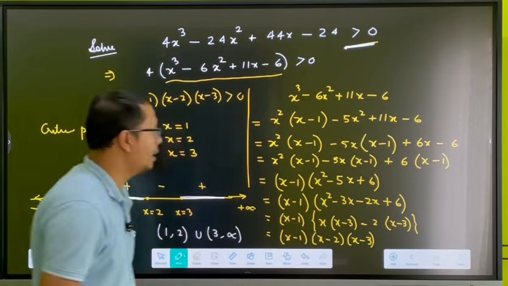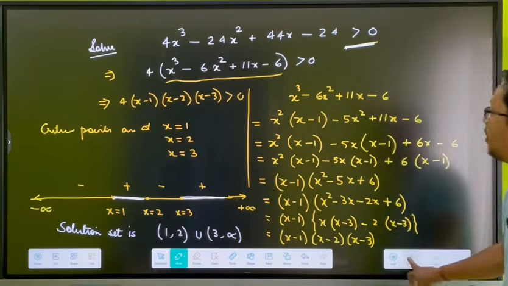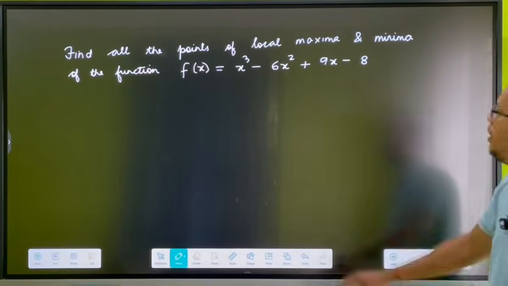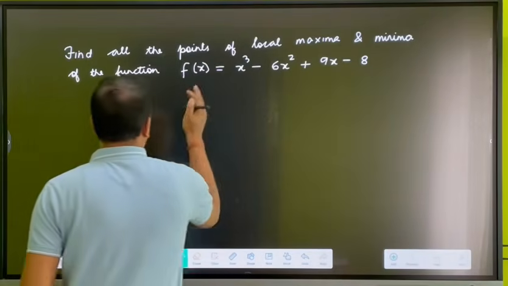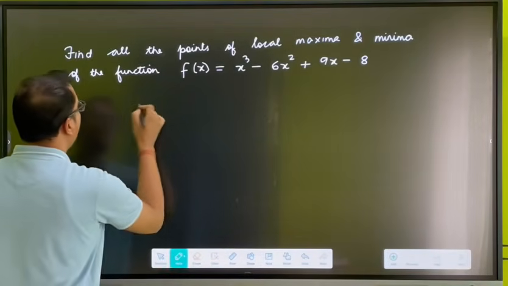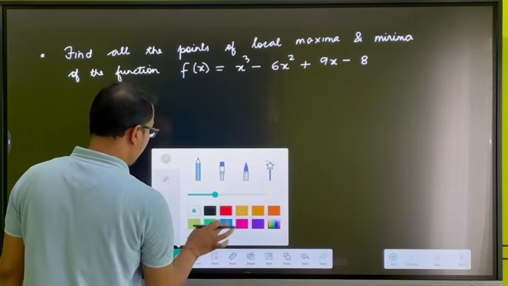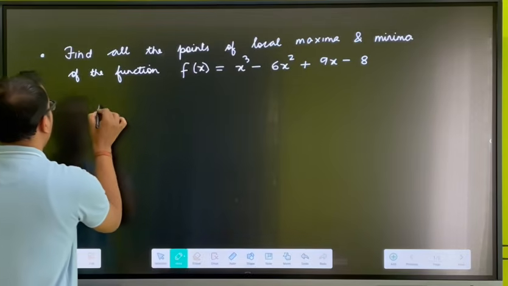Now students, let us come back to this problem: finding the points of local maxima and minima of the function. For these types of problems, we have to differentiate the function.